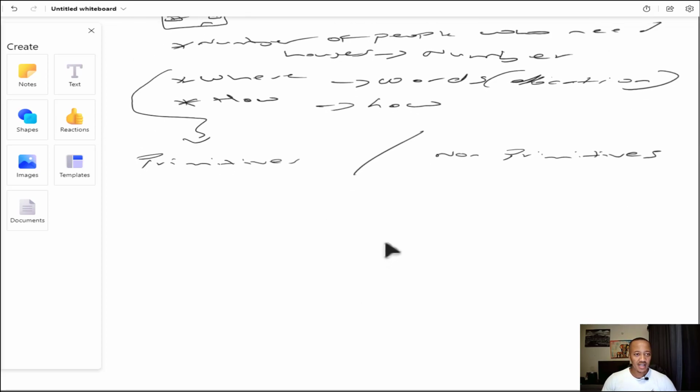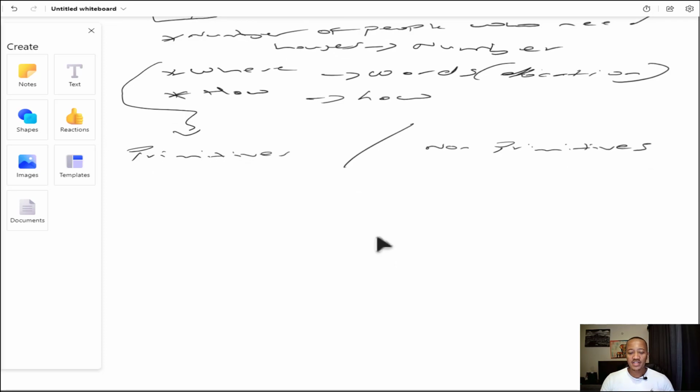Primitives are what comes bundled with your programming language. So in real life, we have things like rocks, stones. You can consider those primitives because they belong there, right? We didn't make them, we found them there.